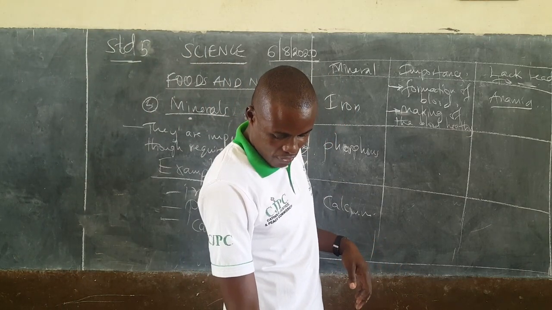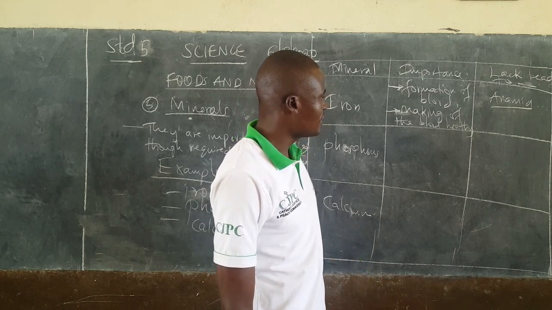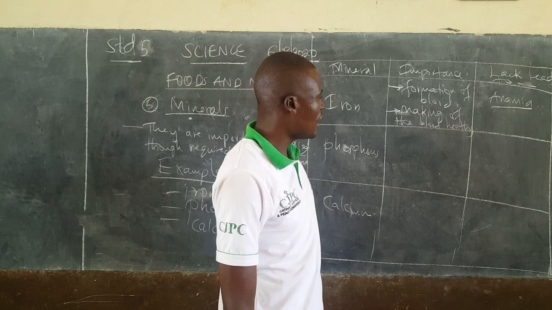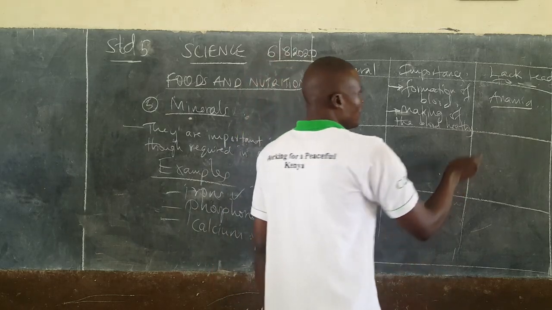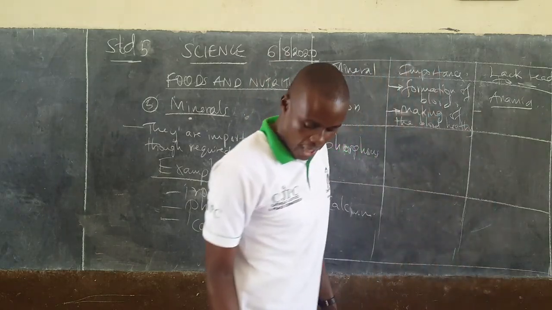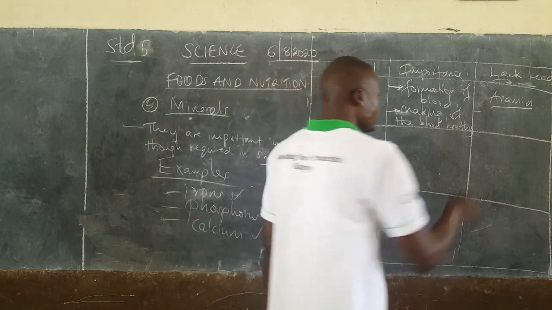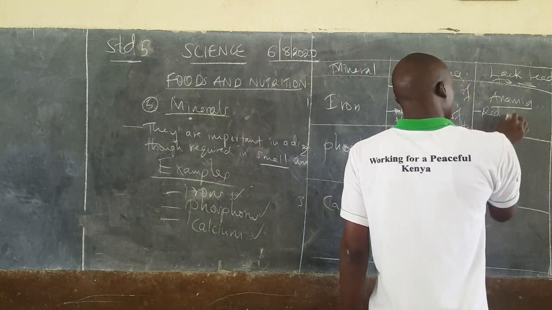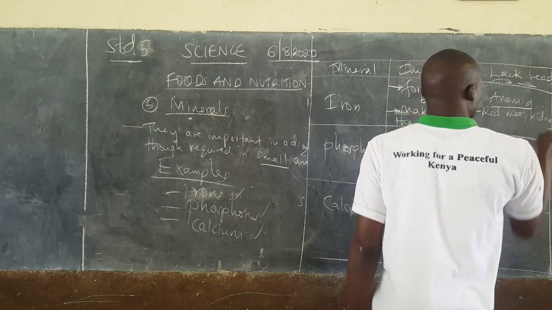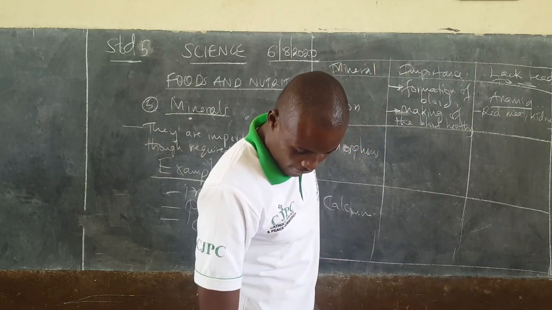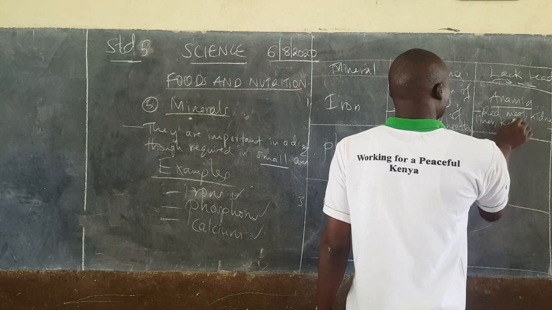Then foods rich in iron. We need to include them here. Foods rich in iron include red meat, kidney, liver, kales.